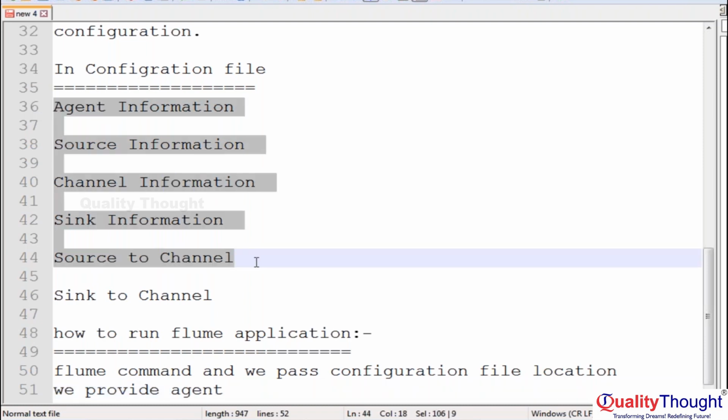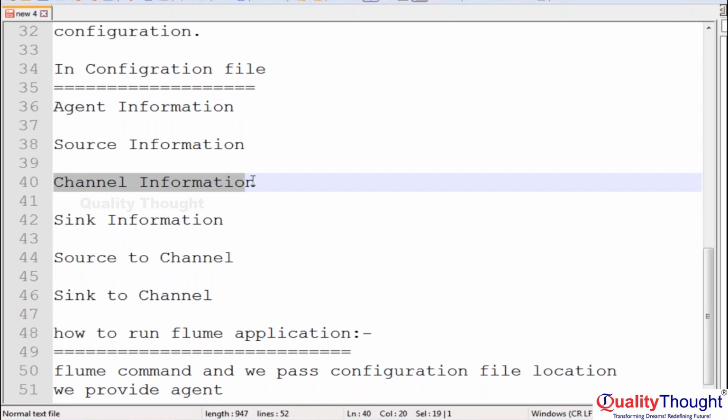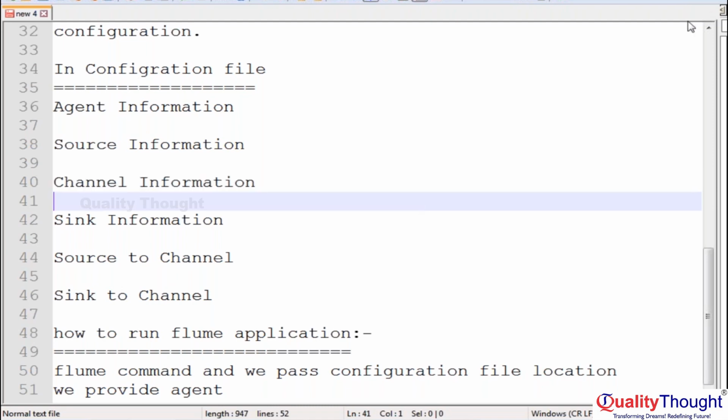Only one thing we have to know: if you are using a different channel, they give different details. For file they give different channel details, for memory different details, for Kafka and for DB different channel information. So we have to know what channel information is available for file, DB, Kafka, and memory, because the channel is very important.